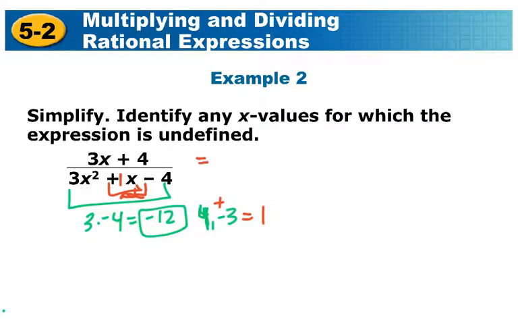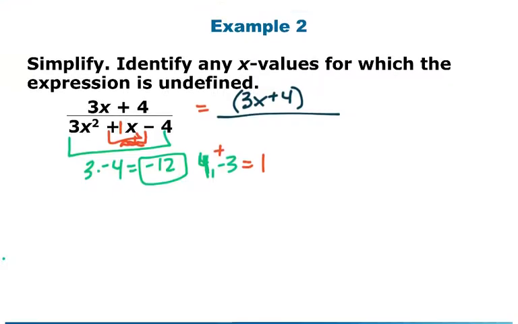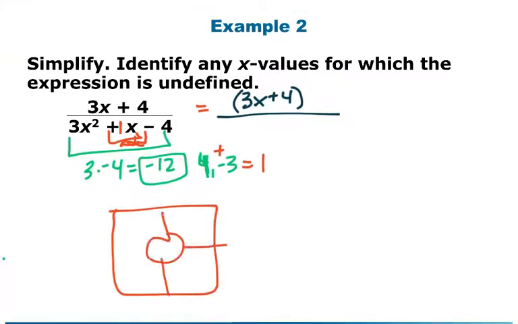So rewriting our equation, the top is still 3x plus 4. And then actually I was taking it a step too fast. Those are now the pieces that would go into the box with an x. So we have, oops, that's not where it goes, 4x here and negative 3x here from our original equation of 3x squared plus 1x minus 4.